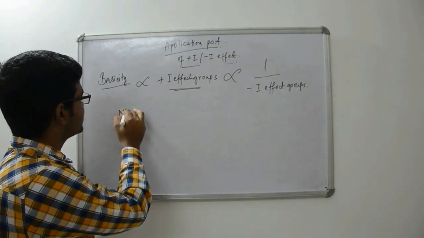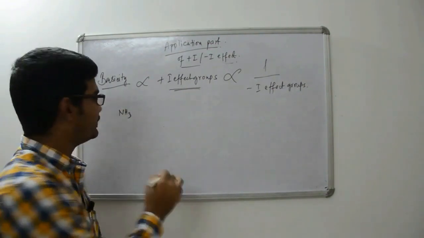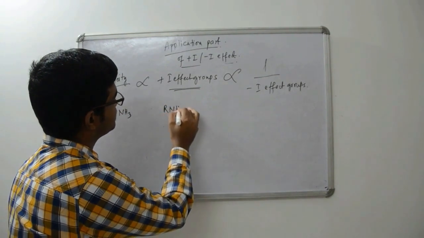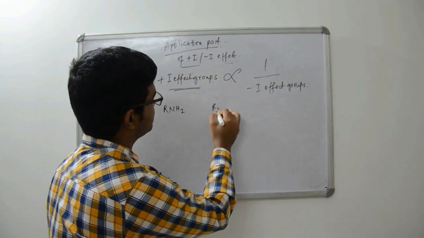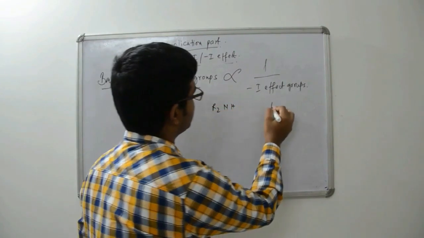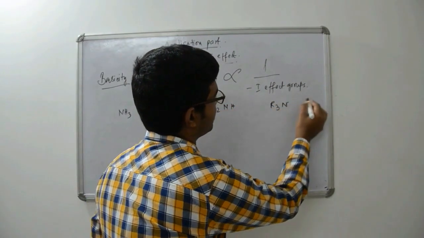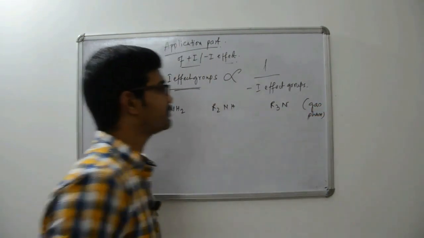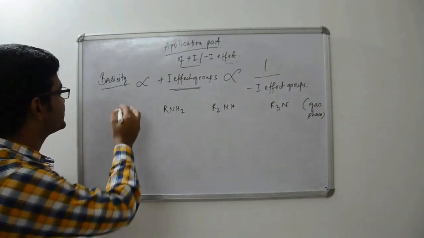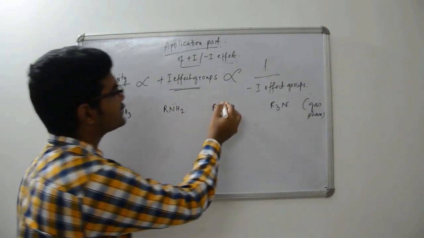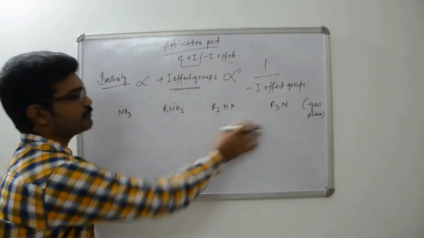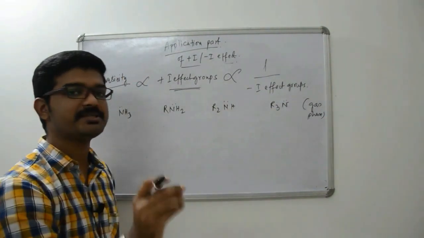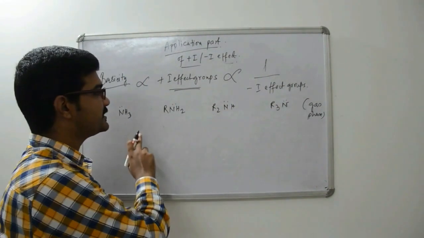If we consider the basicity of amines in gas phase, obviously, we will see that as we move from left to right, the number of R groups, R means the alkyl groups, increases.